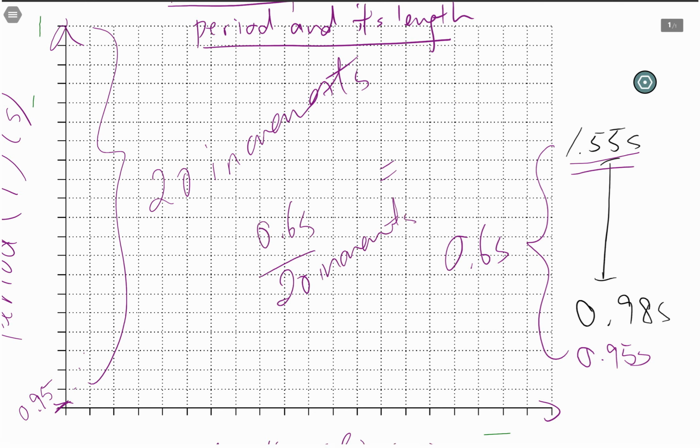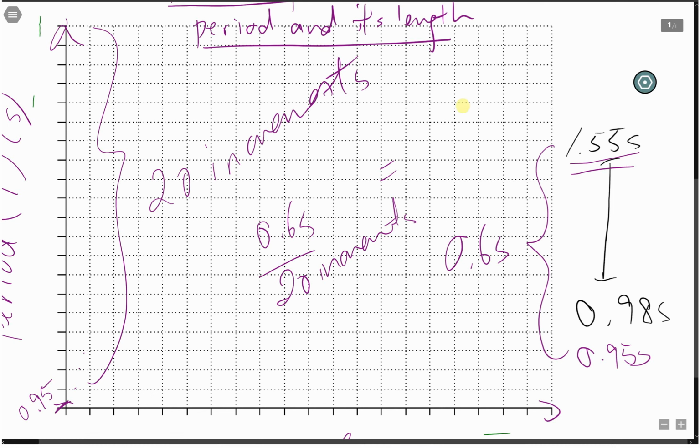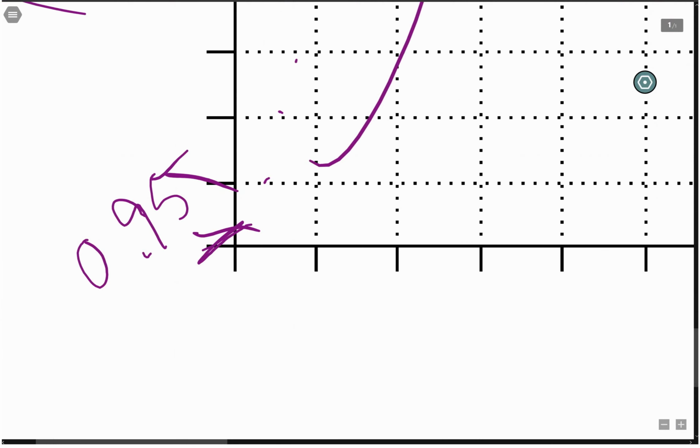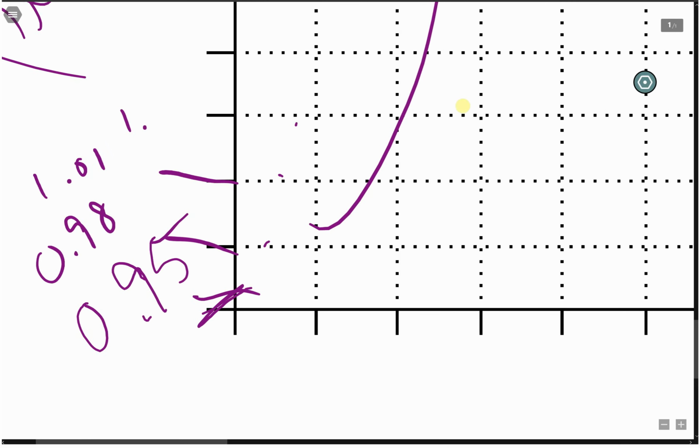This means every single increment will be 0.03 seconds. That means the next one up would be 0.98. Then this one will be 1.01. The next one will be 1.04, 1.07, and so on.